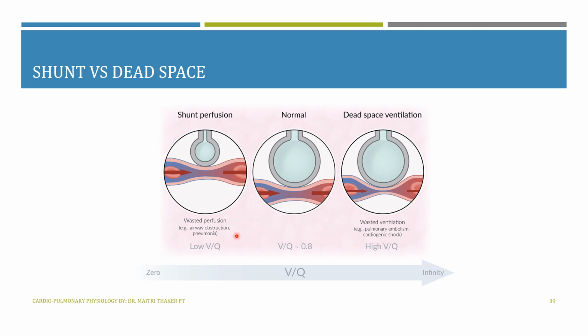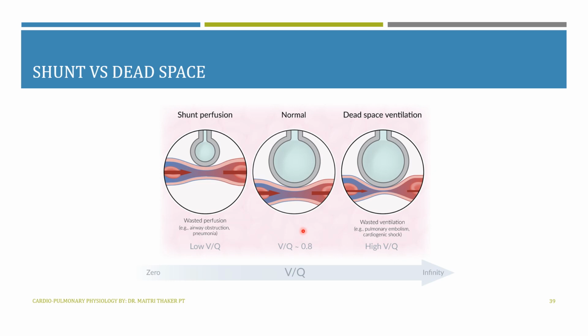Now in case of dead space ventilation, what happens? There is enough air, but there is no blood to receive the oxygen and give up the carbon dioxide. So ventilation gets wasted in this area. That is why it is known as dead space ventilation, and the ventilation perfusion ratio will be very high in this area.